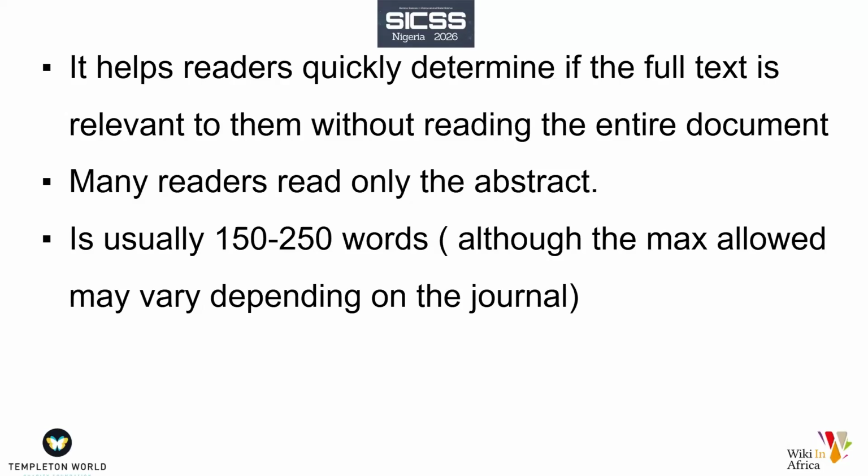The quality of the abstract will make them decide whether they go ahead to read the full paper or not. Many readers only read the abstract, and if they think it is not worthwhile, they won't bother reading your paper. The abstract usually should contain about 150 to 200 words, although the maximum allowed is usually dependent on the journal you're sending it to.